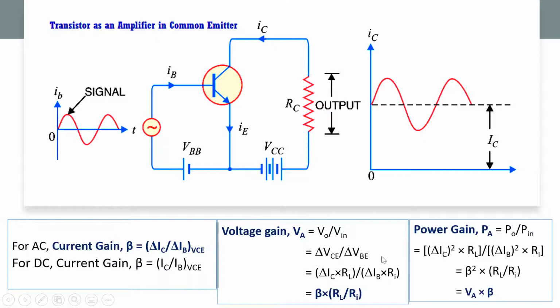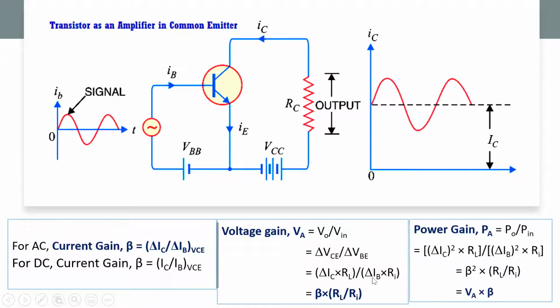So that is the voltage gain. We know that the output voltage is the output current into output resistance. So output current is IC, and RL means the load resistance. In the figure it is shown as RC, but never mind, it just means the output resistance.